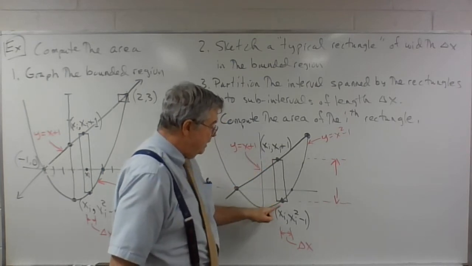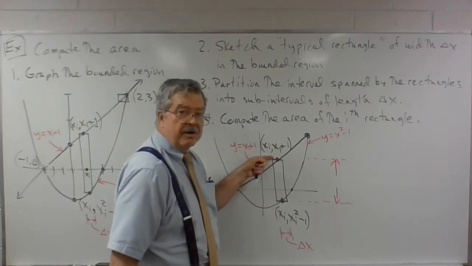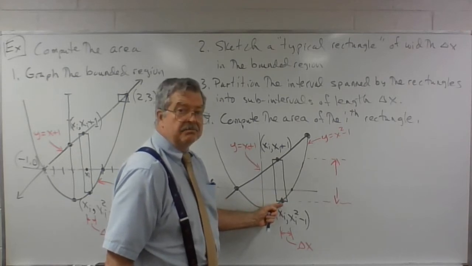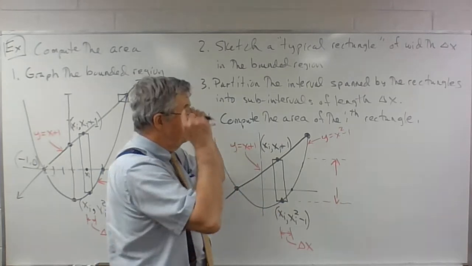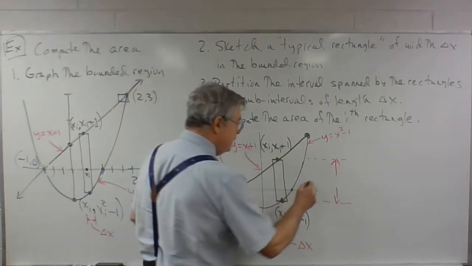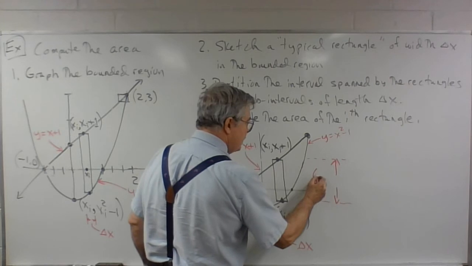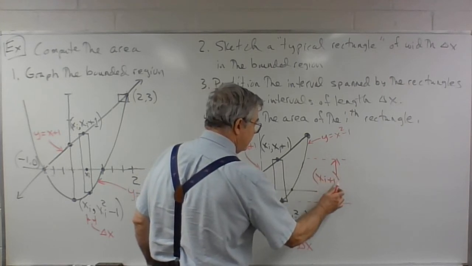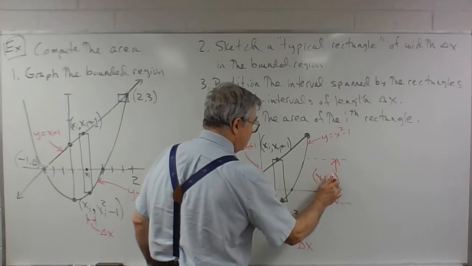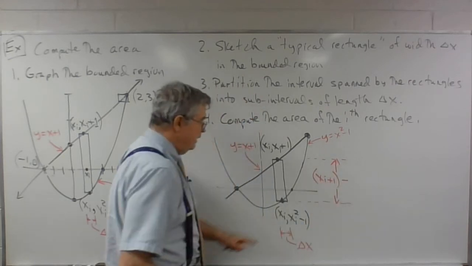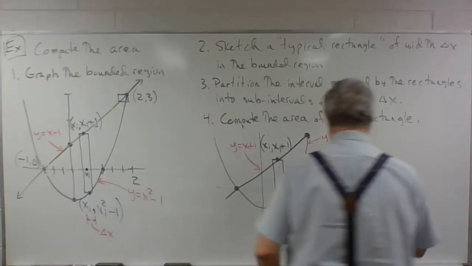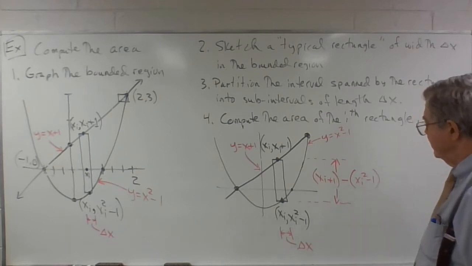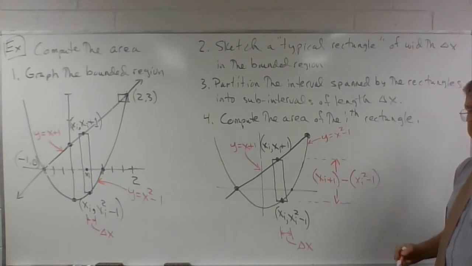Don't we take the greater y coordinate and subtract from it the lesser y coordinate? That's exactly how we do it. So this height is going to be the greater y coordinate, x sub i plus 1, minus the lesser y coordinate, that's the height.